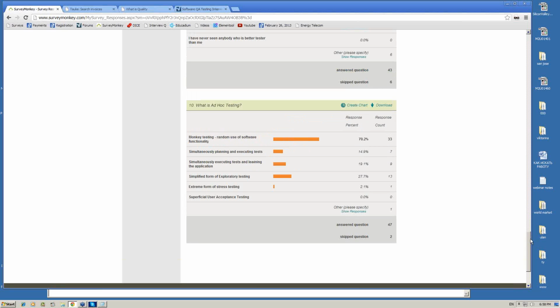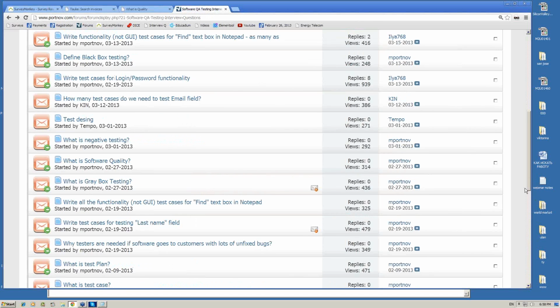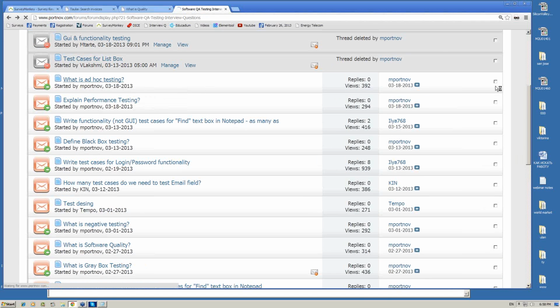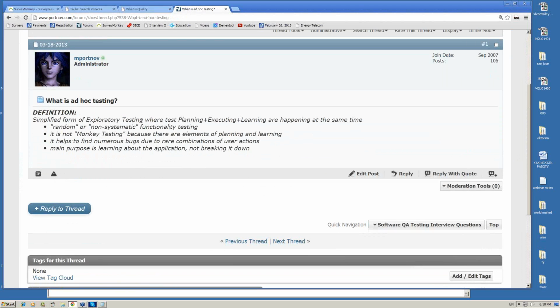So that is the story, and honestly, I'm not sure if we have that ad hoc on the forum. You can look. Yeah, we do. We actually do. Simplified form of exploratory testing, where planning, executing, and learning are happening at the same time. Good.